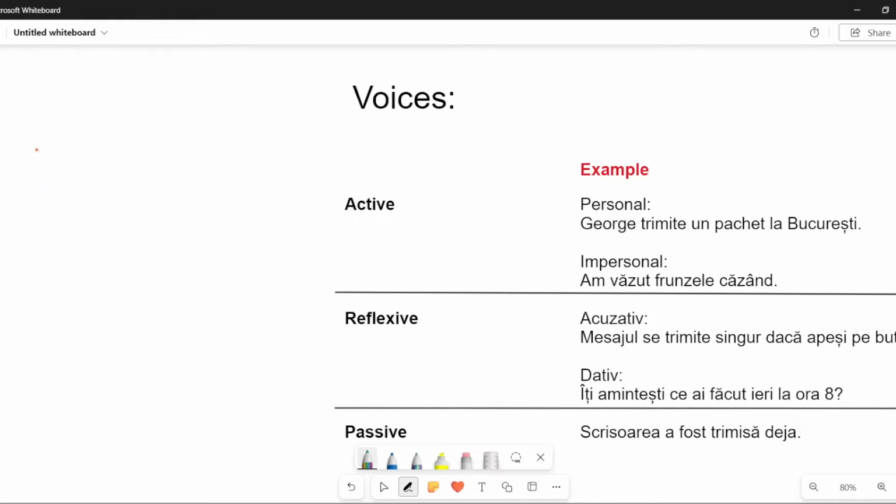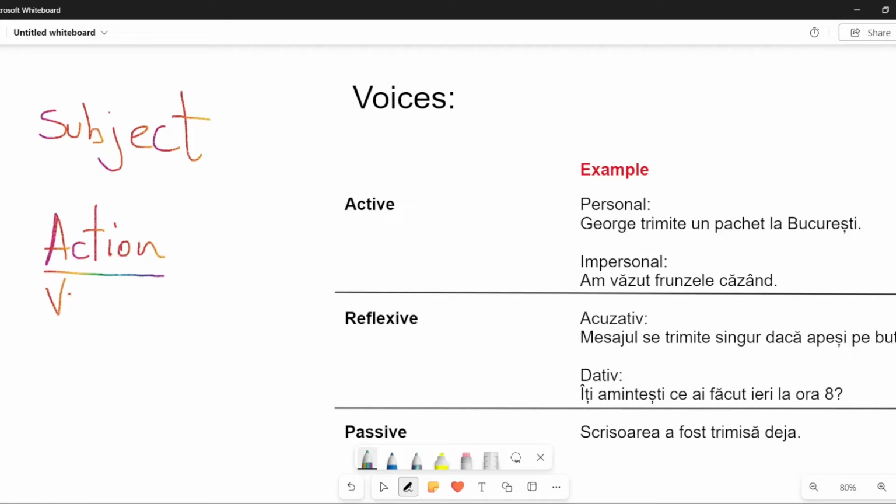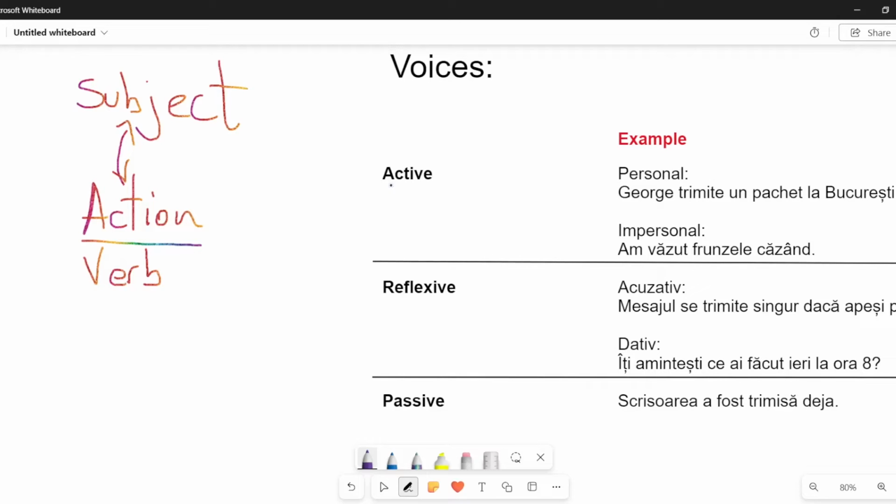And the first thing I need to mention, once again, voices dictate the relationship between who does the action, and the action itself. But many times we refer to action as verb. This relationship. There are 3 types of voices: active, reflexive, and passive.